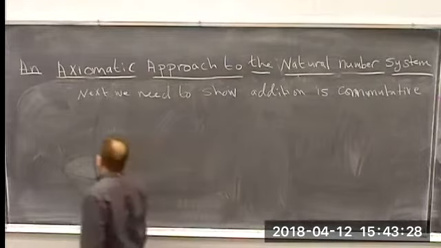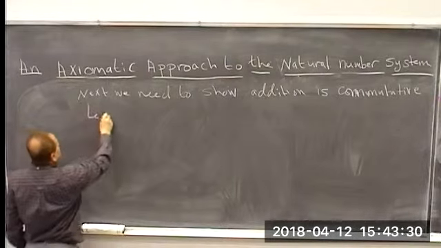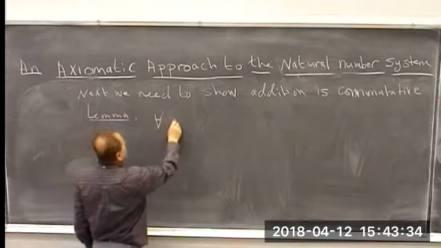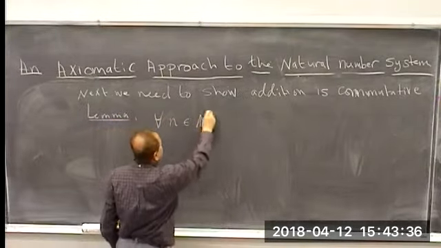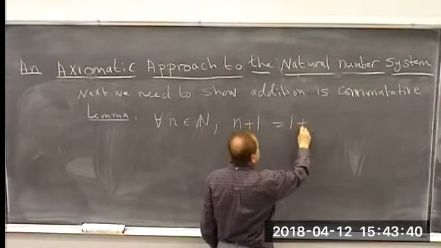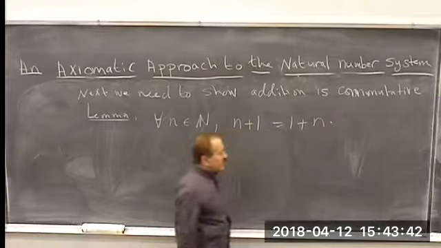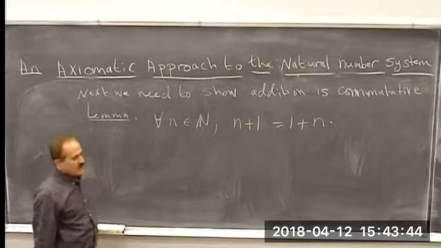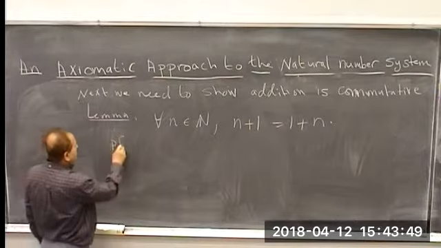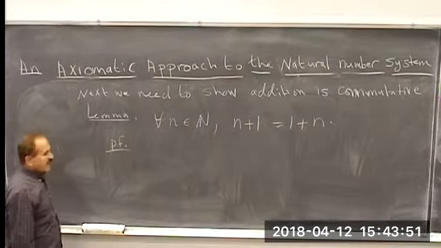All right, first element. For every n in N, n plus 1 is equal to 1 plus n. Means adding 1 to any natural number is commutative. Okay, and the proof of this, again, we're going to use induction axiom.